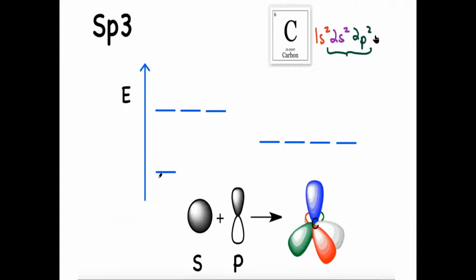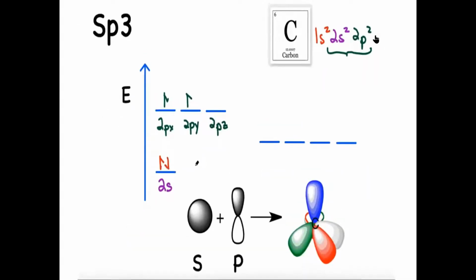Let's take a look at how we can fill this energy diagram. Here's the 2s, and then we can write in the 2p's. Remember that carbon has 3 2p orbitals, 2px, 2py, and 2pz. Initially, we fill the electrons from the ground state. We start out with 2 electrons in the 2s, and then we add 2 electrons in the 2p.